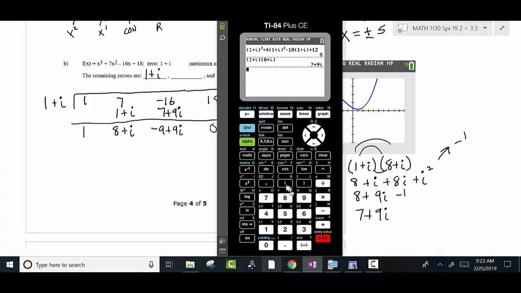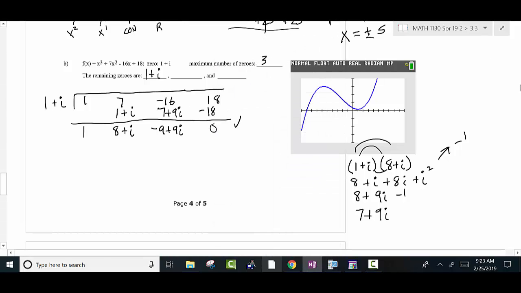You could go 1 plus i, and then negative 9 plus 9i, and I'm pretty sure you'll get a negative 18. All right, I knew it. I could feel it. Because I knew what was going to happen on our remainder anyway. Everybody with me there? Use your calculator too if you want to speed that up a little bit, because you're going to have to do the FOIL a lot.